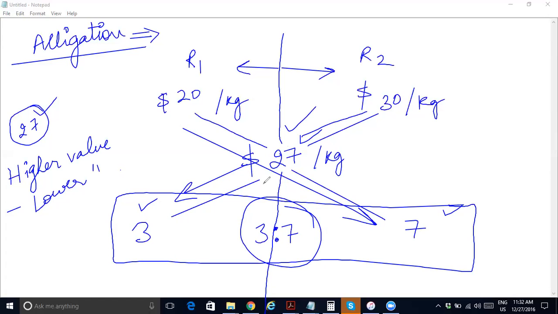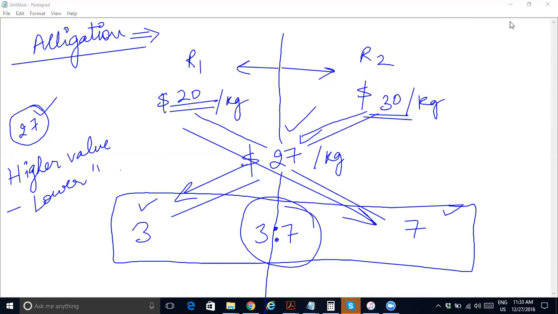Now you can see that the simple average of these two numbers, 20 and 30, is 25. Since it is skewed towards 30, the weight of that quantity should be higher in the ratio. There should be more of the $30 per kg rice. This makes sense? Yeah.